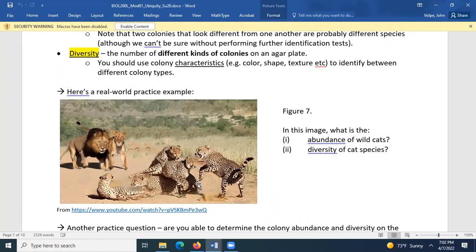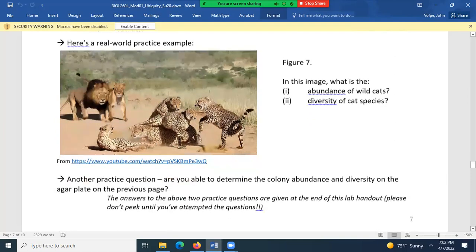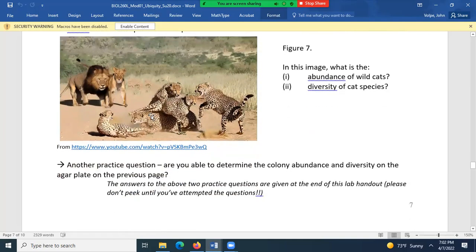Okay, these are all cheetahs. These are all lions. So I would say 2. The diversity is 2. I'm not sure where you're getting the 3. You think those are 2 different species? No. Yeah, that's a male lion, that's a female lion. So the diversity is 2 for this one.